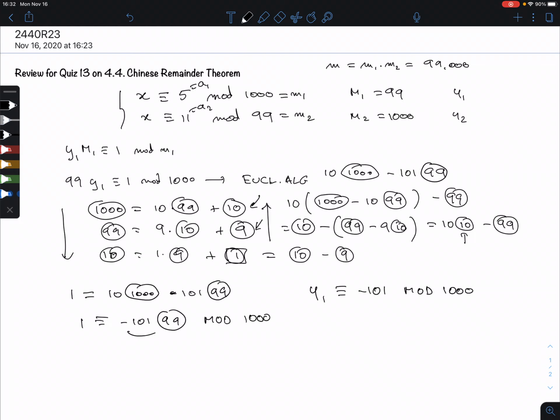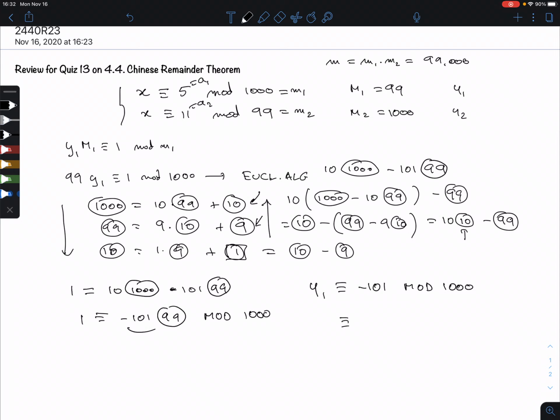So remember, this y1 has to be in Z 1,000, so between 0 and 999. So we have to make this positive by adding another 1,000. So this would be therefore 899, right? Yes, 899. So y1 is 899 because I need to make it positive.